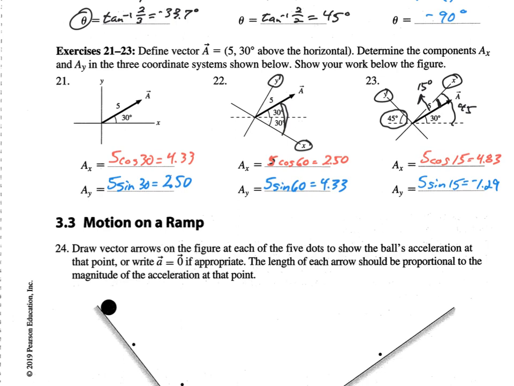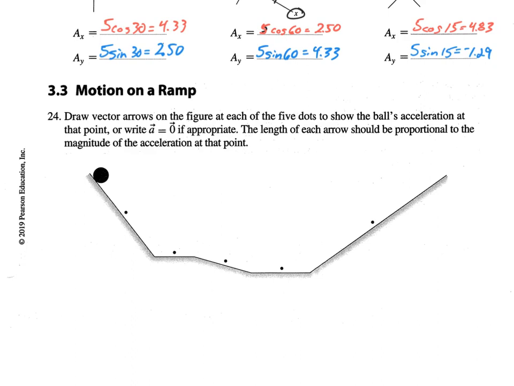This next one, it says draw vector arrows of the ball's acceleration at the dots. Well, you're going to have a big acceleration there. You're going to have 0 acceleration there because it's horizontal and gravity doesn't do anything.